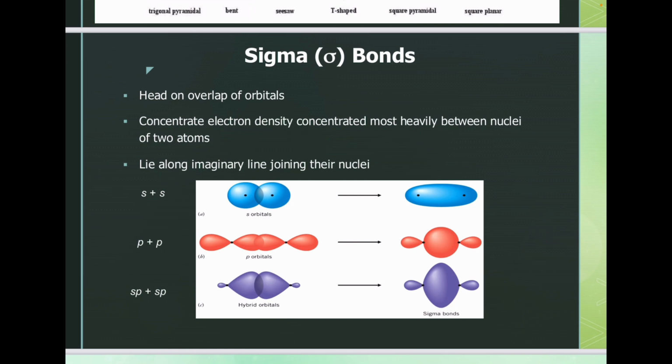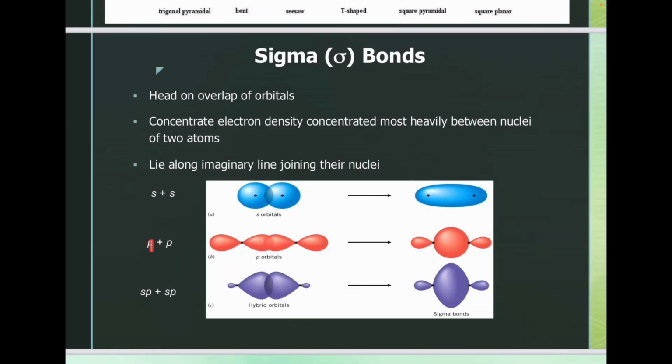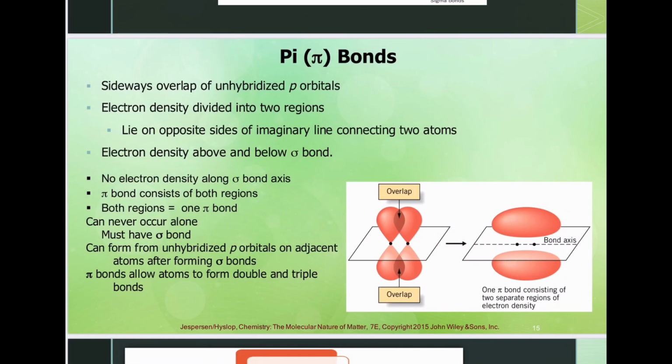Sigma bonds: head-on overlap of orbitals, electron density concentrated most heavily between the nuclei of 2 atoms, lie along the imaginary line joining their nuclei. We look at the orbitals. So this is the s and s orbitals, and this one the p orbitals. This is the hybrid orbitals of the sp and sp.